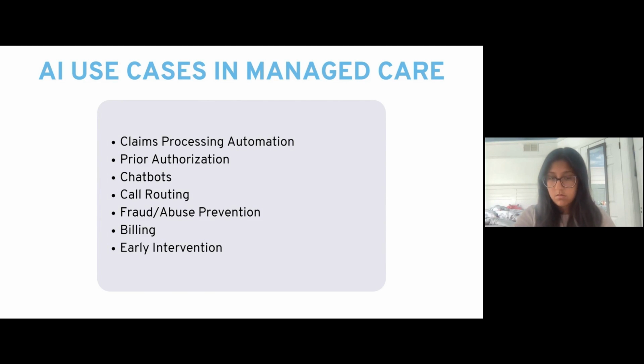Let's say I'm somebody who injured my leg in sports, right? I go to my PCP. My PCP is going to look at my leg and say, you know what, you need to go see a specialist. So depending on my insurance plan, I may require a prior authorization, right? So my specialist, the orthopedic specialist, will then call my insurance company and say, you know what, we have one Mr. Manku who injured his knee and he needs to be seen by the orthopedic.